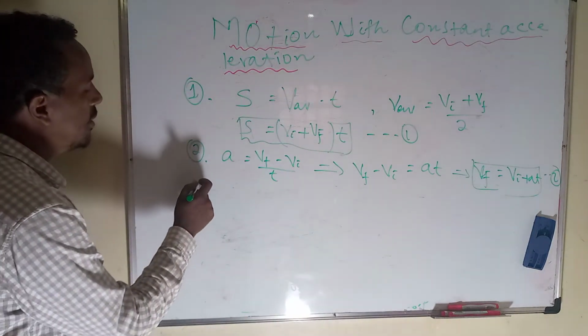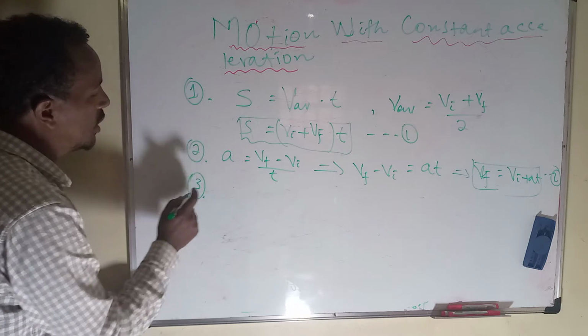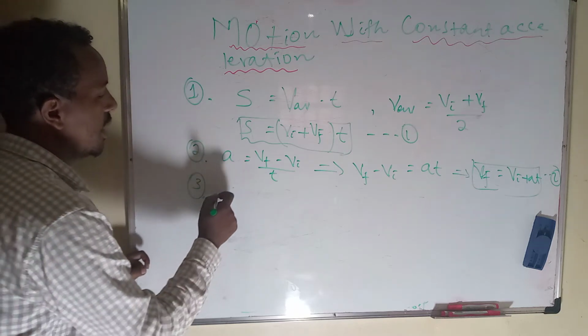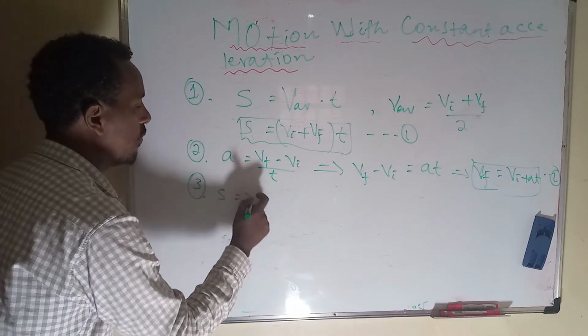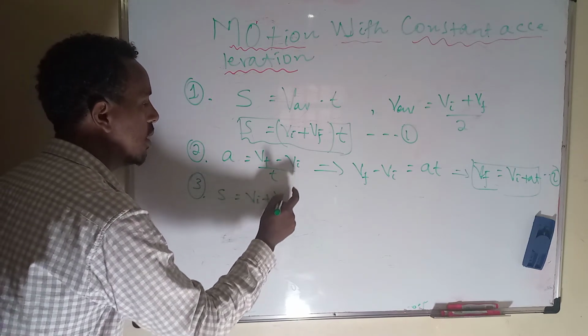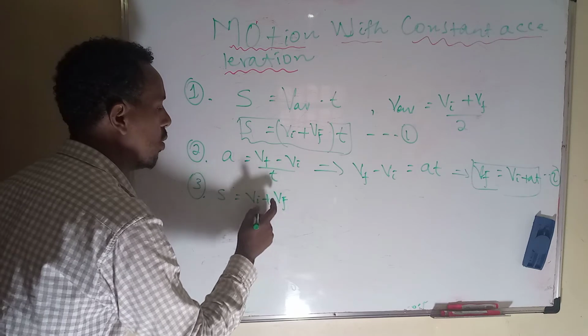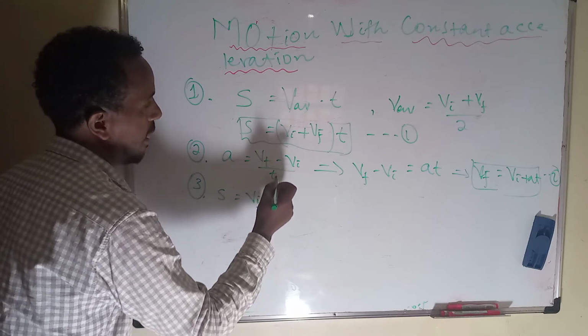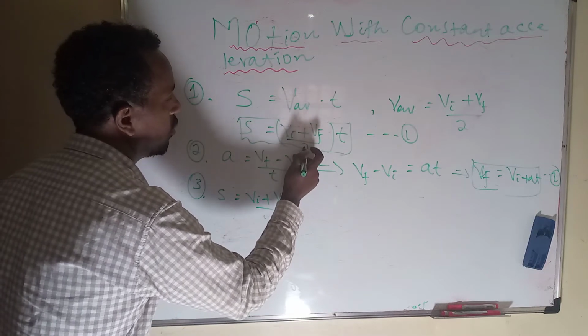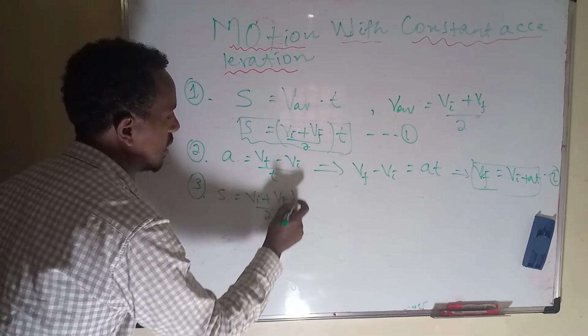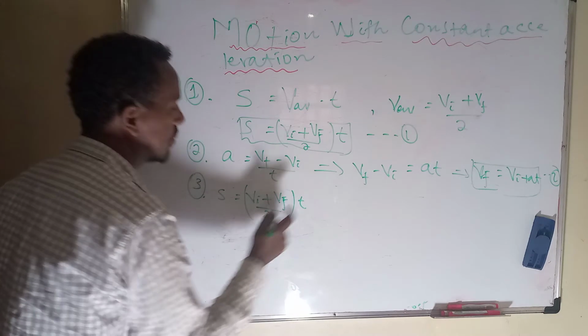The third fundamental equation: S is equal to V initial plus final velocity over 2, times time.